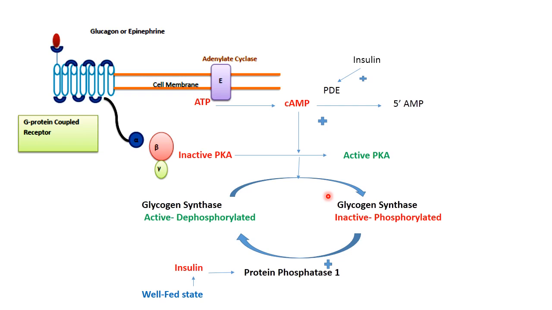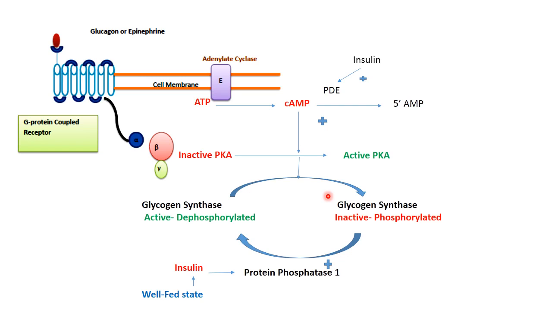Now, what are the steps of regulation? Allosteric regulation by glucose 6-phosphate and the key regulatory enzyme glycogen synthase. It is active in dephosphorylated form. Insulin via protein phosphatase 1 and by the degradation of cyclic AMP by phosphodiesterase upregulates the glycogen synthase, whereas the glucagon and epinephrine via G protein coupled receptor via the adenylyl cyclase, convert ATP to cyclic AMP.